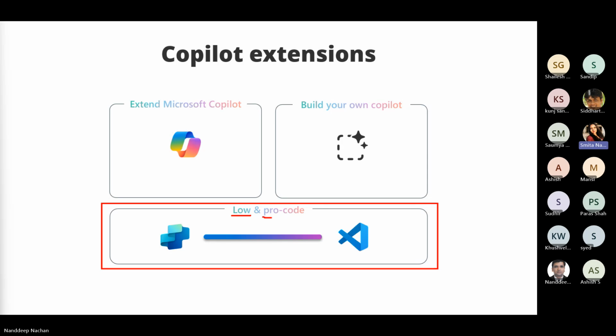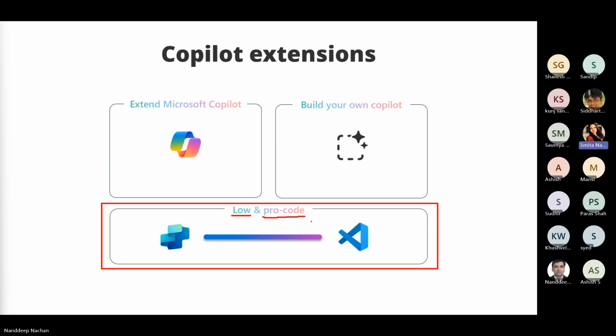And when it comes to pro-code, the pro-code options target more advanced developers who may use Visual Studio Code or other development environments to build complex extensions or custom solutions for Copilot. This allows for fine-grained control over Copilot's capabilities, enabling integration with complex systems and additional customization through code.